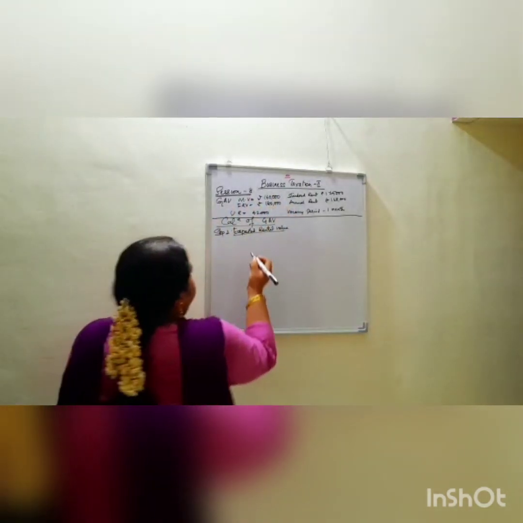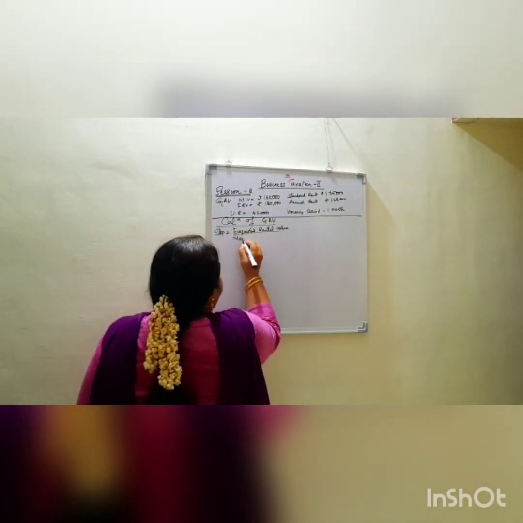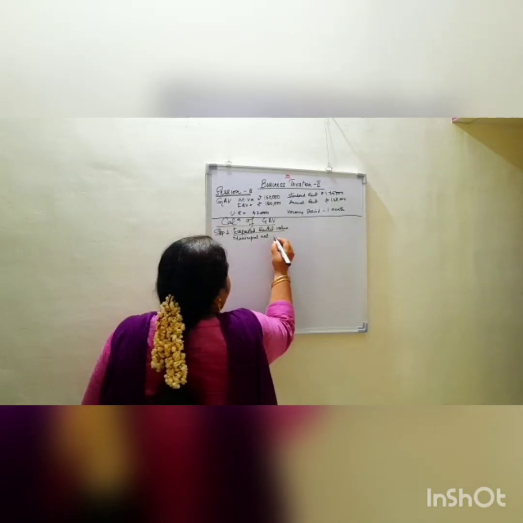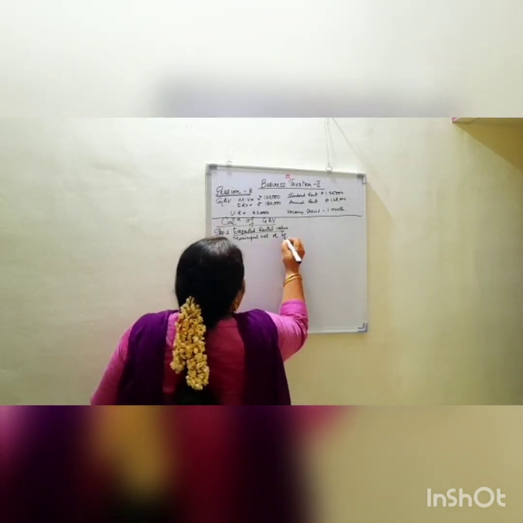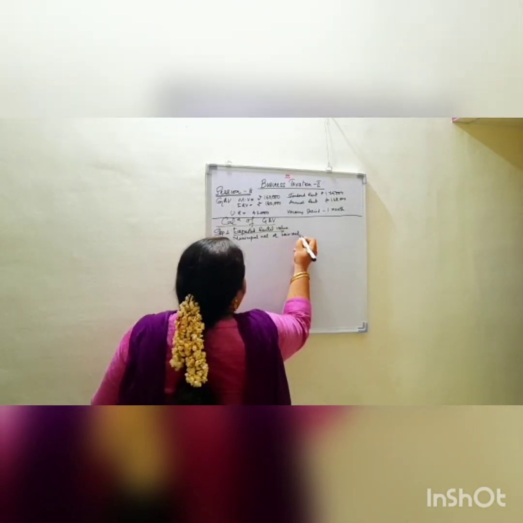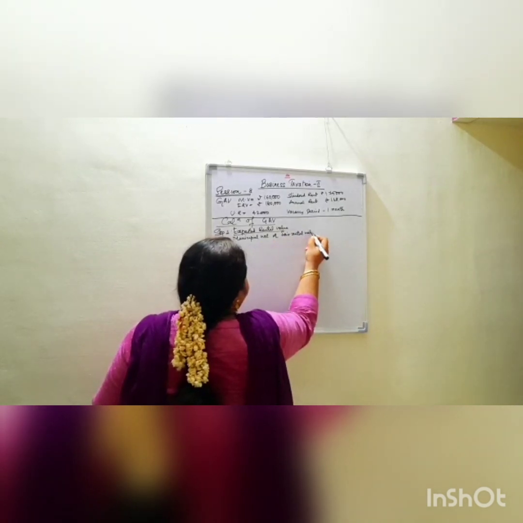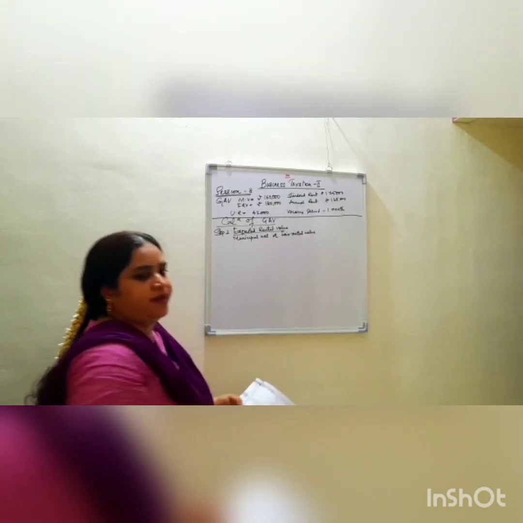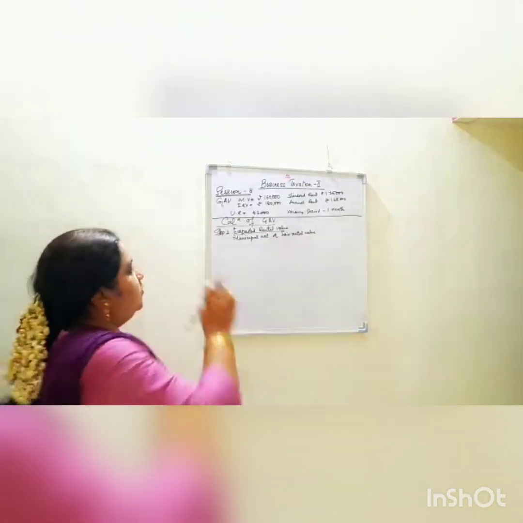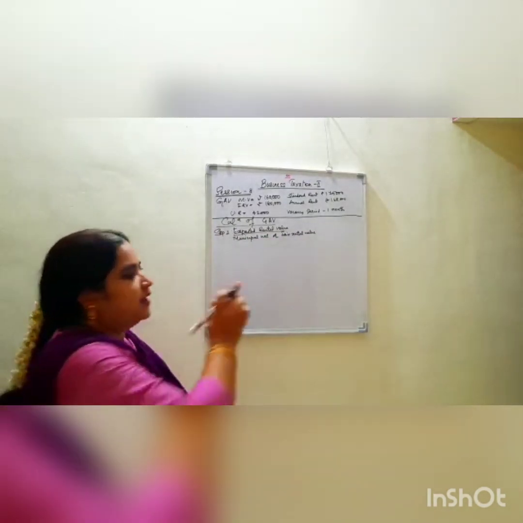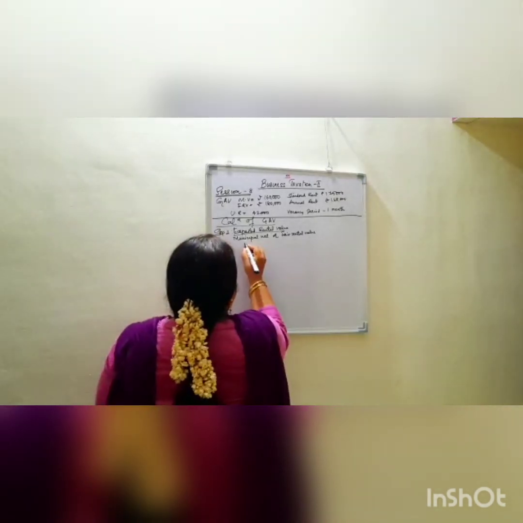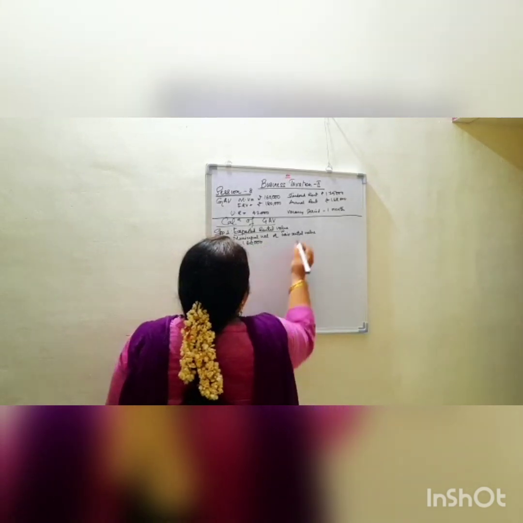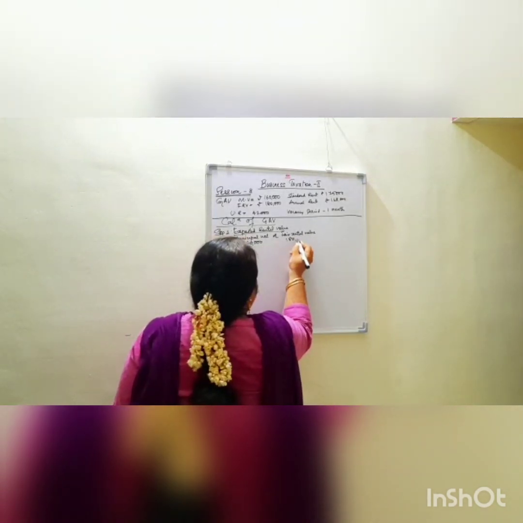First, what we should do is compare the municipal value with the fair rental value. What is the municipal value? 1,60,000 is the municipal value and fair rental value is 1,80,000.